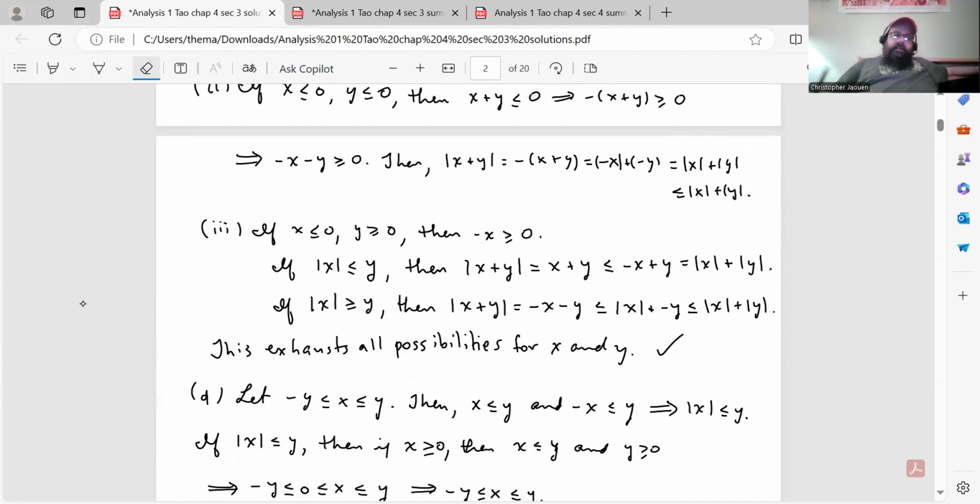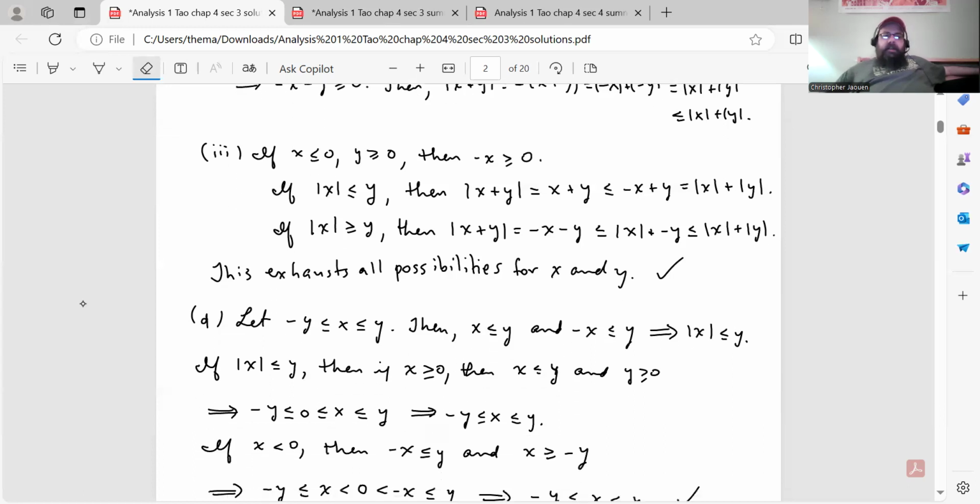If x is less than or equal to 0 and y is greater than or equal to 0, then negative x is greater than or equal to 0. If absolute value x is less than or equal to y, then absolute value of x plus y equals x plus y, which is less than or equal to negative x plus y, which is equal to absolute value x plus absolute value y.